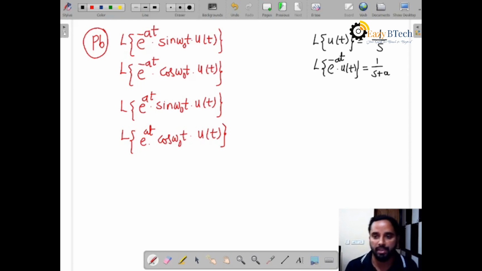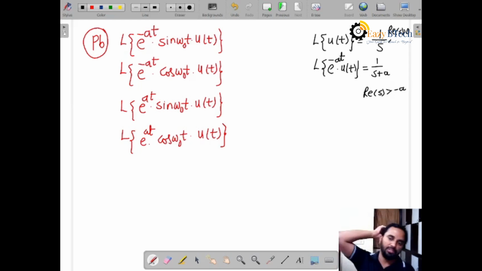And here the ROC: for u of t, the ROC is real part of s greater than 0. After multiplying by e power minus at, the ROC will become real part of s greater than minus a. The same thing we are going to apply here.